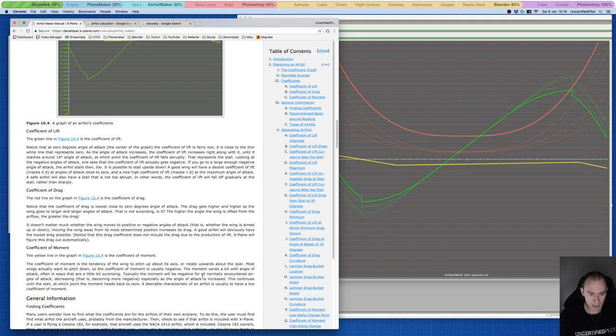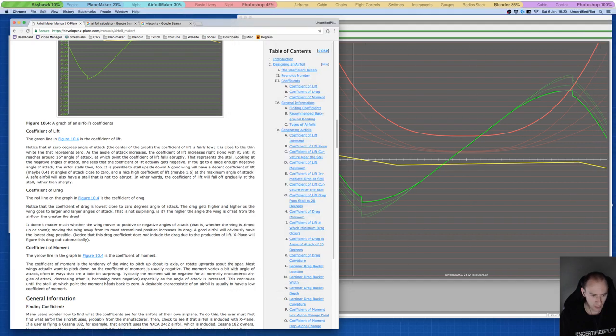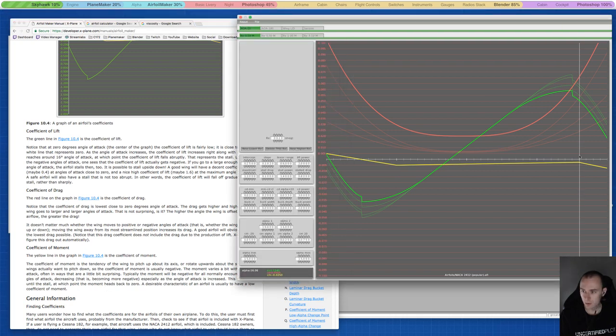Typically the moment will be negative for all normally encountered angles of attack. Exactly. These are extremes here to the left, to the right. Especially as the angle of attack is increased. Exactly. Extremes. This continues until the stall, at which point the moment heads back to zero. Well, here it does. Here it kind of does.